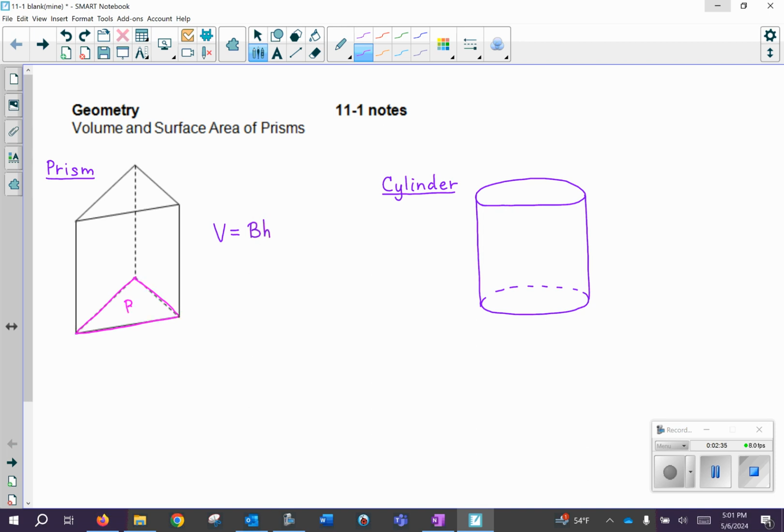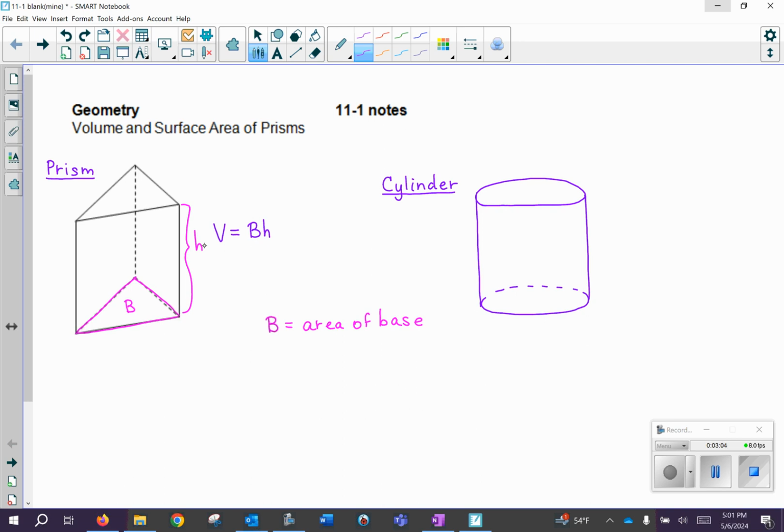This would be our base, but capital B is going to stand for the area of the base. B equals area of base. Okay, and then this would be our height of the prism.